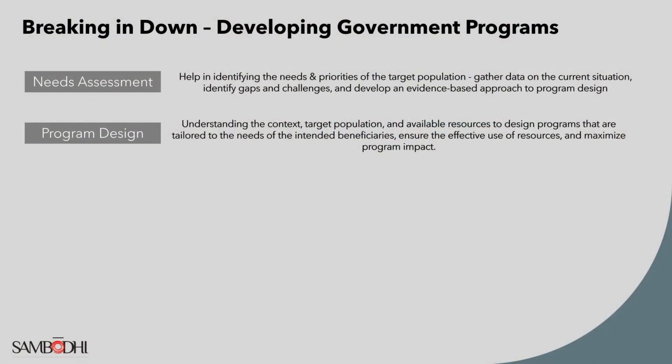When we get to the next phase of program designing, my evaluation, like a baseline evaluation, let's say, can help me understand what was the context in which I'm going to implement my program. What was my target population like? So if I have a family planning program that is targeted towards young couples, I need to understand what the demographics of the young couples are, what age people are generally getting married.